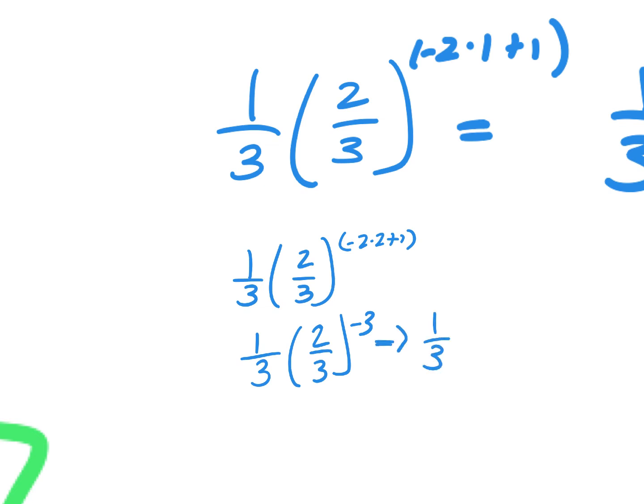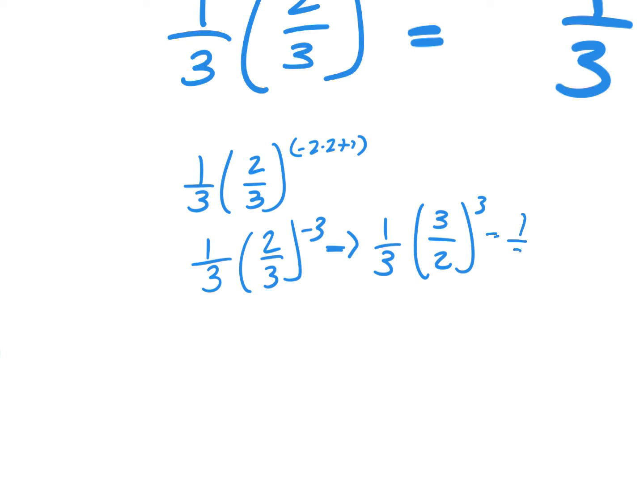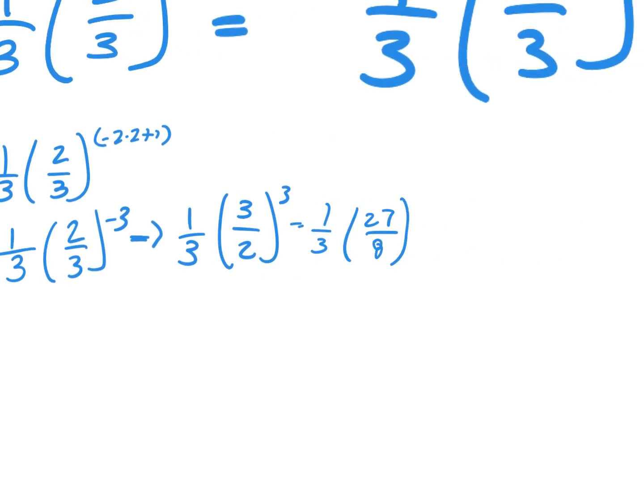Yep, 1/3 times 3 over 2 to the third power, because that exponent goes to the numerator and the denominator. So 2 to the -3 over 3 to the -3. If I flip them, they both become positive. So this now is 1 over 3 times 27 over 8. Agreed? Can I cross cancel anything?